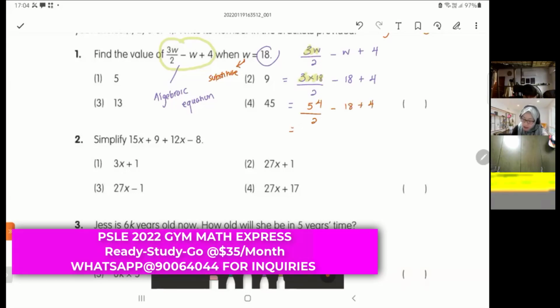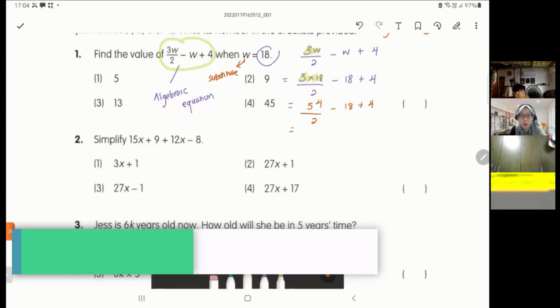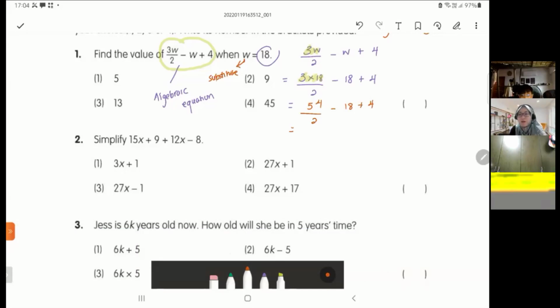We solve the division first, because the order of operation, BODMAS, says I need to solve division first. So 54 divided by 2 is 27, minus 18, plus 4. 27 minus 18 is 9. Bring down plus 4. The answer is 13. The answer is option number 3.